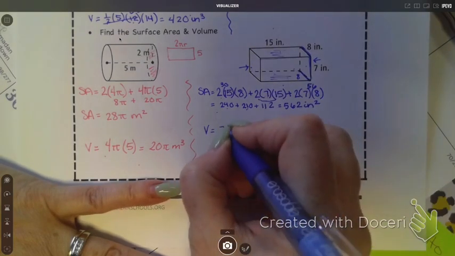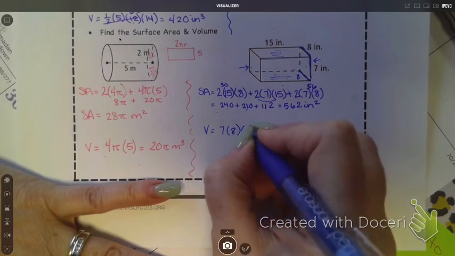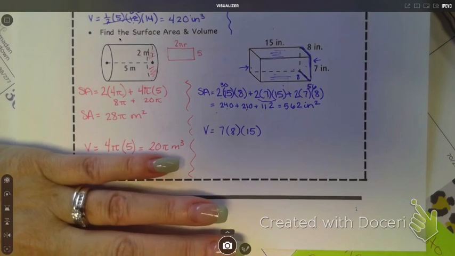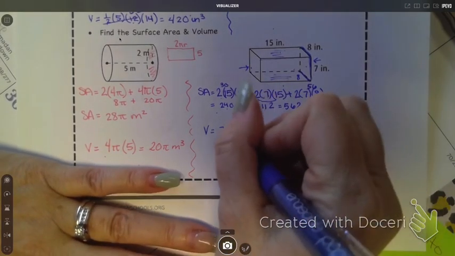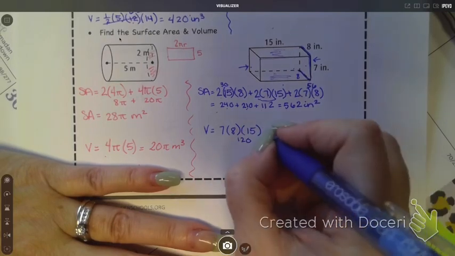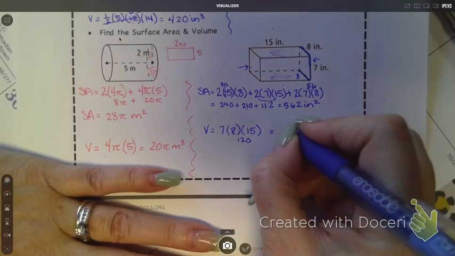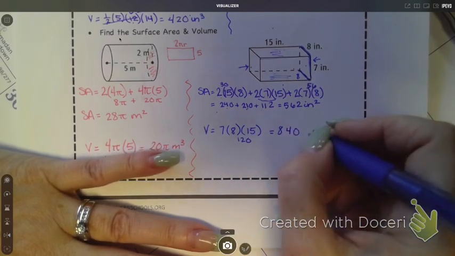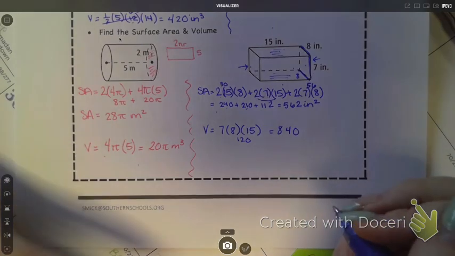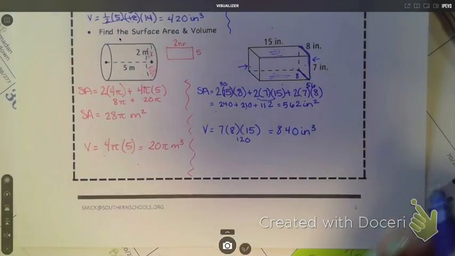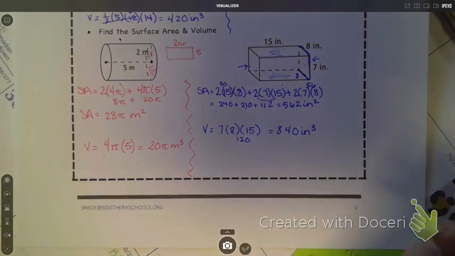I think I'm going to do 8 times 15 first, because that'd be 120. Times 7 would be 840. Oh, because 7 times 12 is 84, right? Duh. Inches cubed.